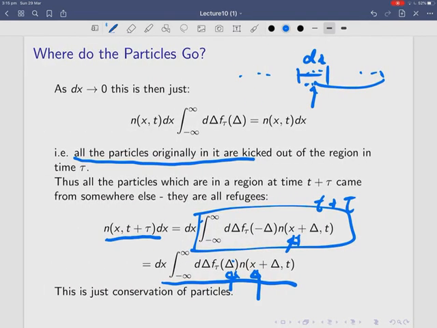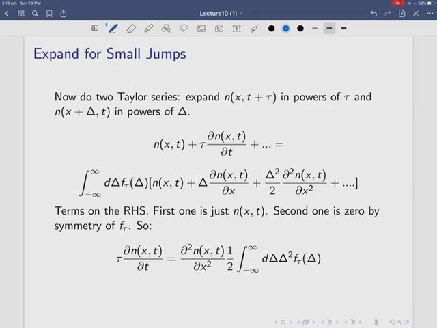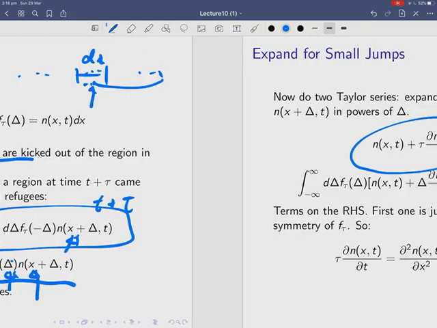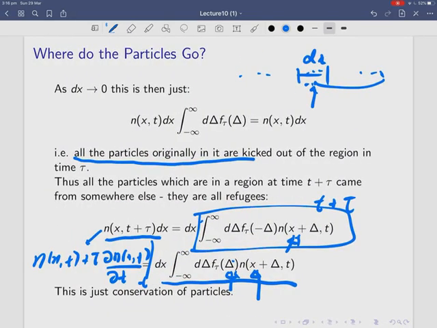So n(x, t plus tau) is basically just n(x,t) plus tau times dn(x,t)/dt evaluated at t. That's that bit there. The right-hand side we evaluate in terms of powers of delta, and we expand that part.